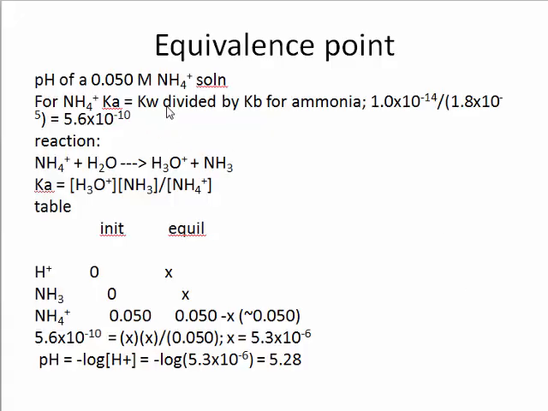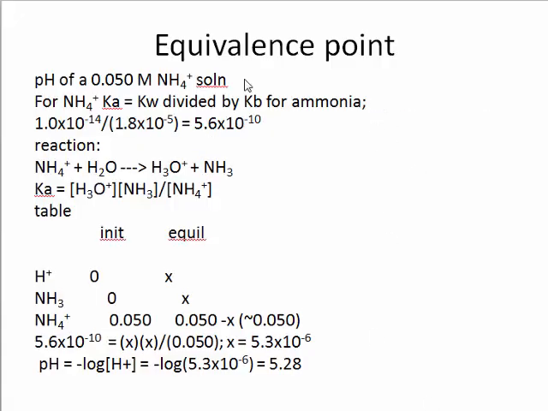We can find a Ka by taking Kw and dividing it by Kb for ammonia. 1 times 10 to the negative 14 gets divided by 1.8 times 10 to the negative 5 to produce 5.6 times 10 to the negative 10. Remembering this is our reaction, ammonium plus water makes H+, or hydronium, plus NH3.